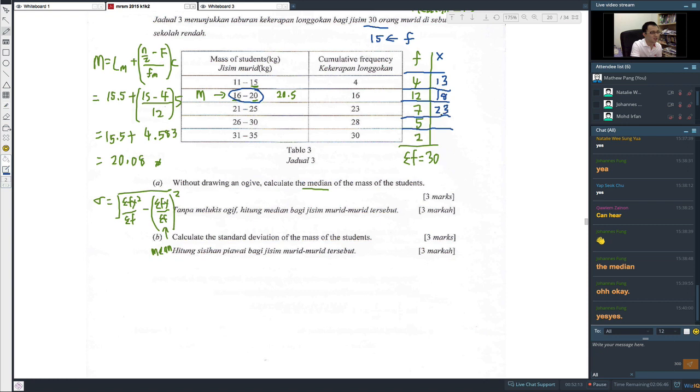Then I will need to find also the fx squared, which I don't think I have enough space to write. Can I copy and paste here? I want to copy all the information to the other side. It seems I can copy and paste, let me try.